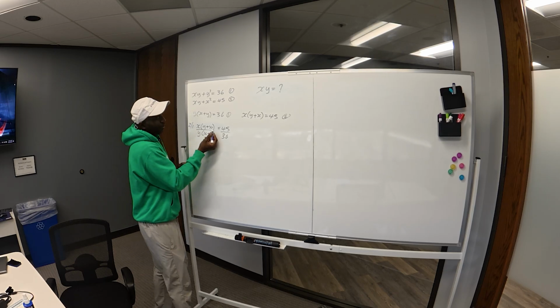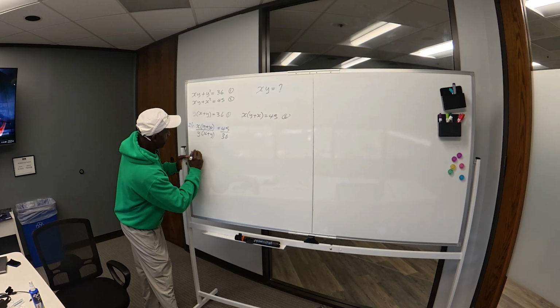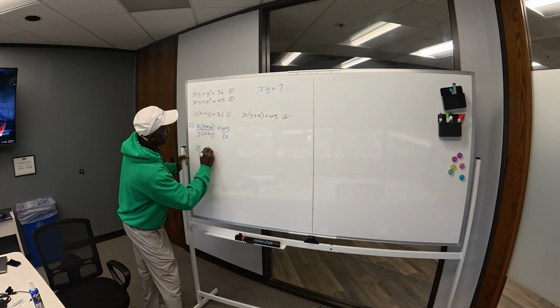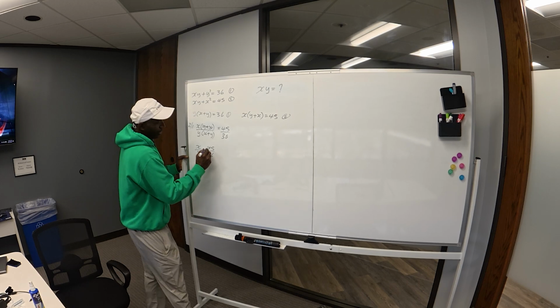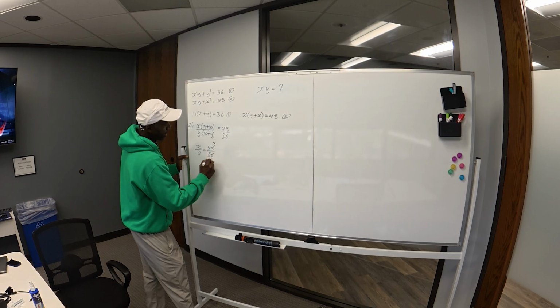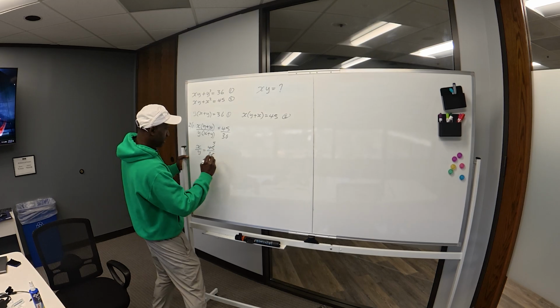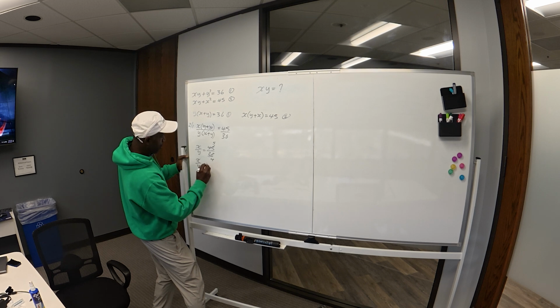So x plus y is the same as y plus x, so this cancels out. We are now left with x over y is equal to 45 over 36, and we know that 9 will go there 5 times, 9 will go there 4 times. Therefore, x upon y is equal to 5 upon 4.